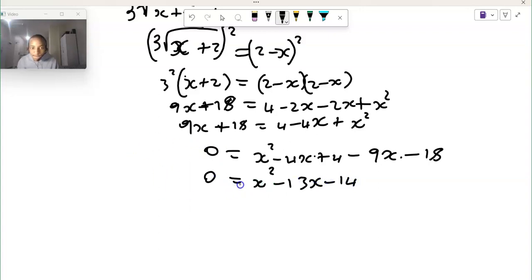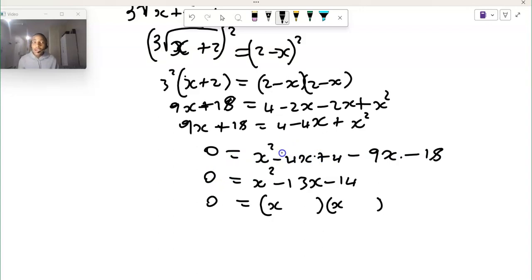So it's 0 is equal to x squared minus 13x minus 14. From here you can just take it to the quadratic formula, or you can just factorize, right? If you do factorize this one, x, right, here what you need to do is factorize it.